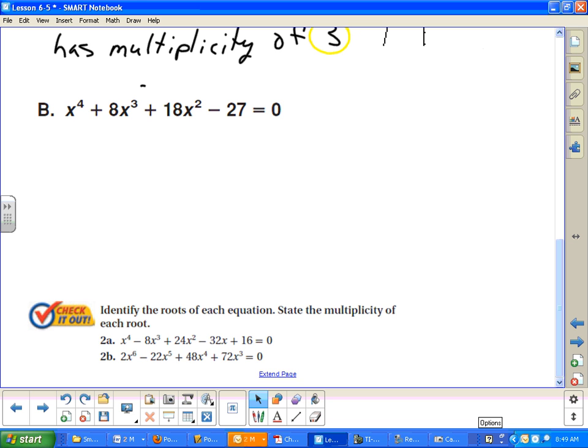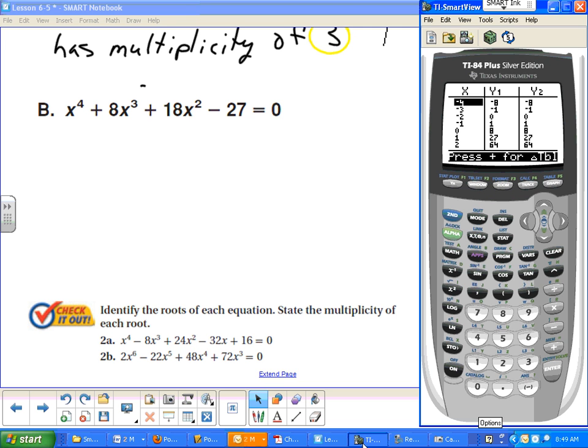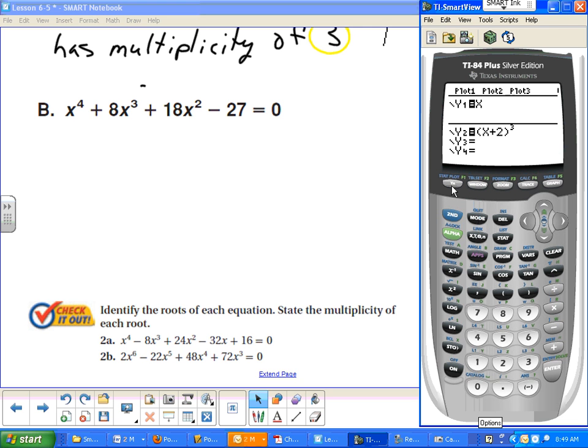Don't think we're going to be able to factor that one. Let's graph it. Go right to your y equals. Clear everything else out of there so it's not still there.